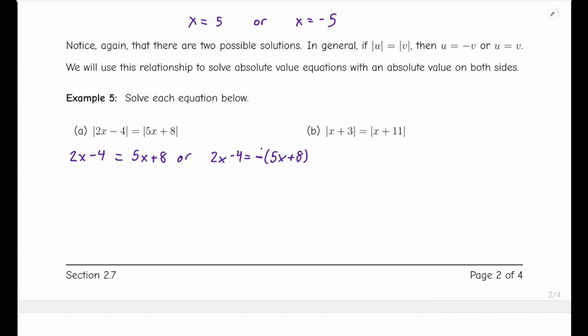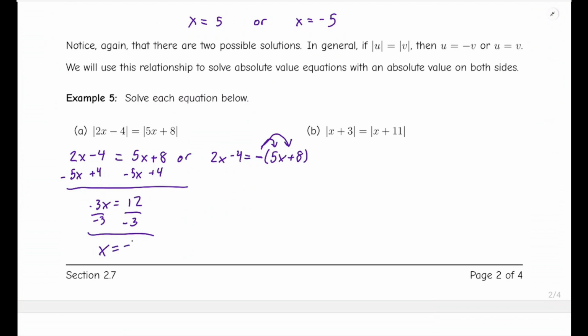That indicates that when we do this equation, we're going to have to distribute. So now we solve. I'm going to subtract 5x, add 4, add 4. We get negative 3x is equal to 12. Divide by negative 3. x is equal to negative 4.